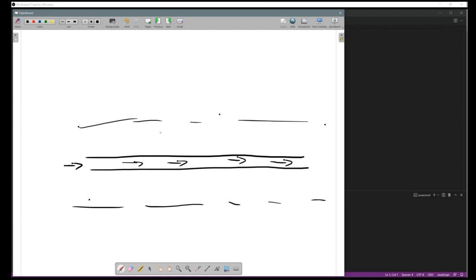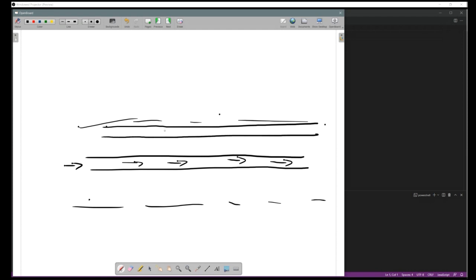And if there are other cables nearby, that magnetic field could cause interference. It might affect the signal of the other cable.